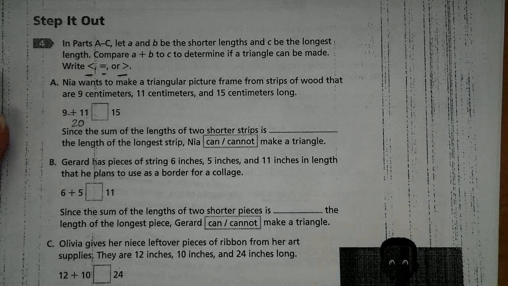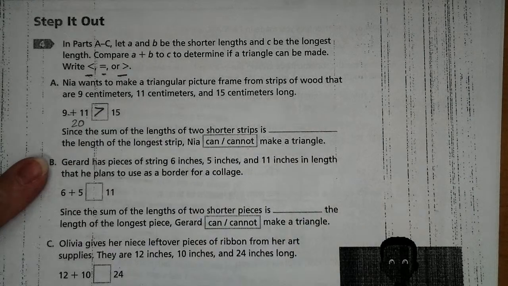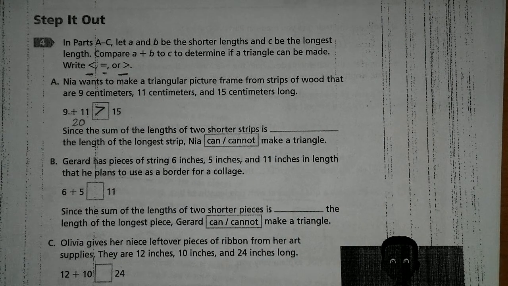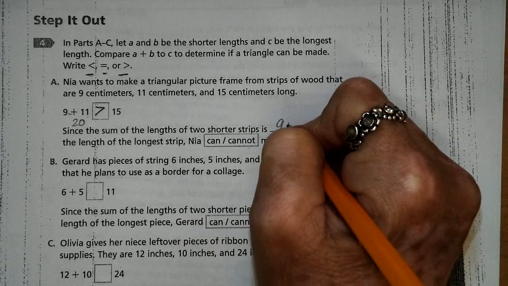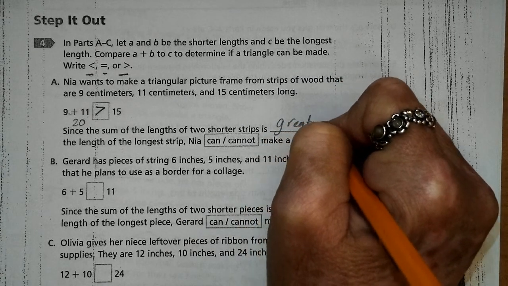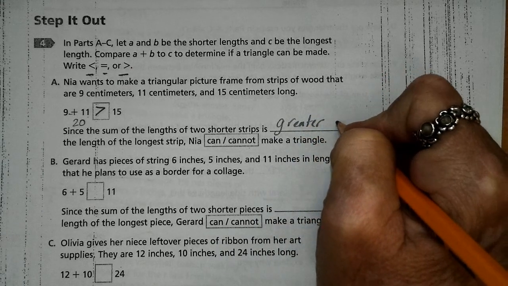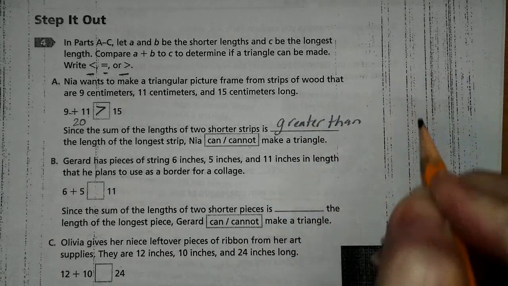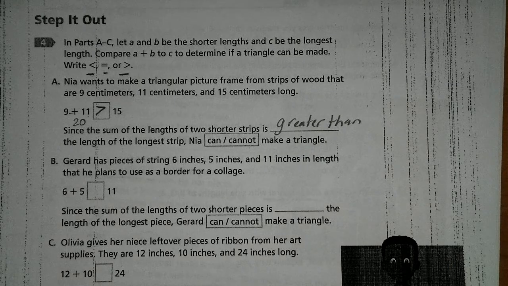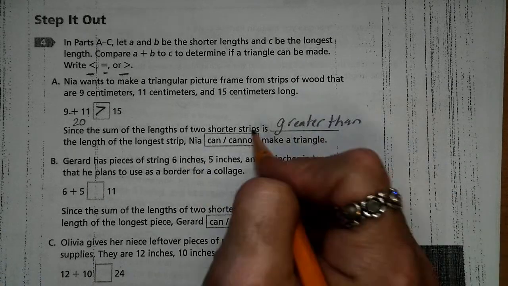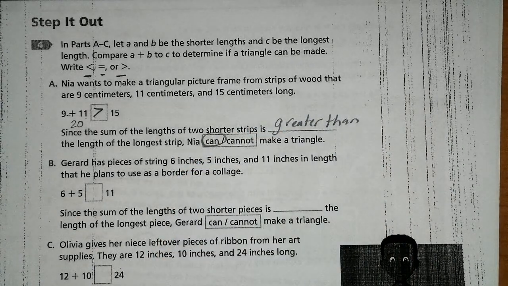Correct, Taylor. It is greater than. Okay? So it says, since the sum of the lengths of the two shorter strips is greater than the length of the longest strip, Nina can make a triangle.